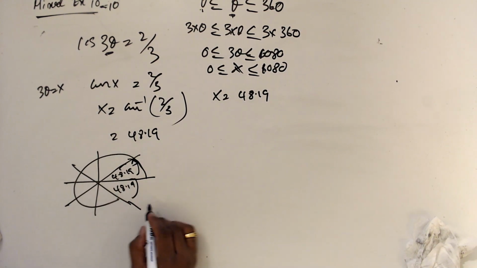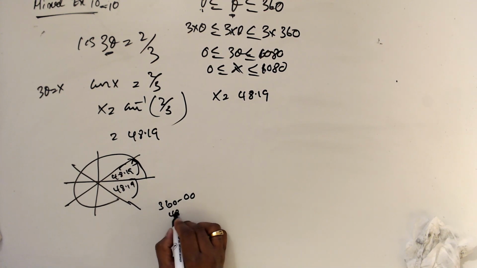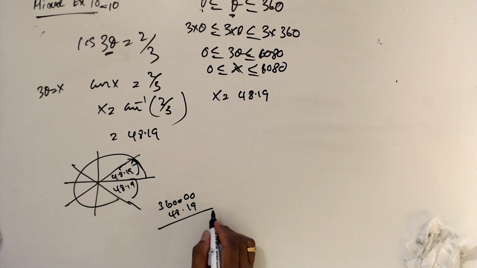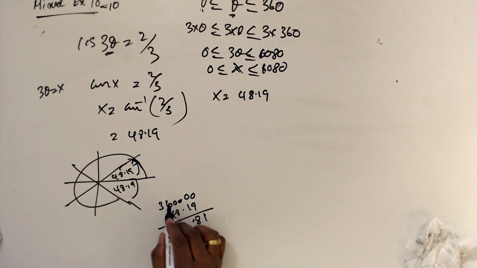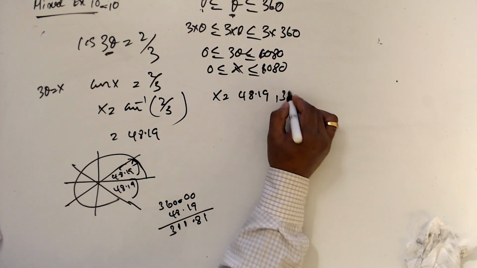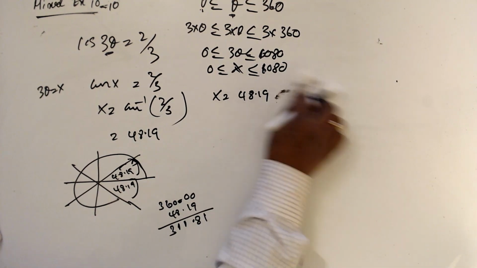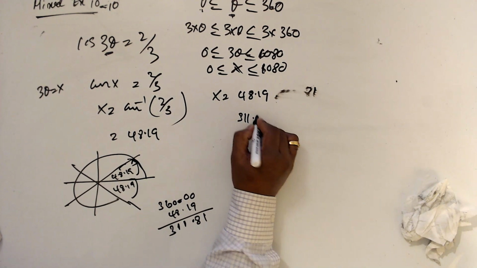Second answer is 360 minus 48.19, which is 311.81.